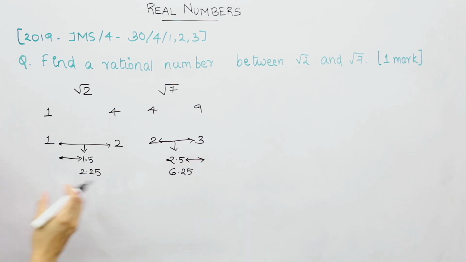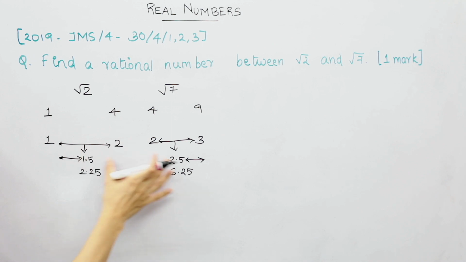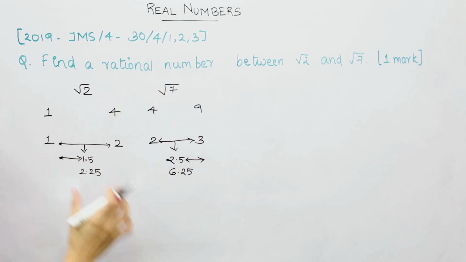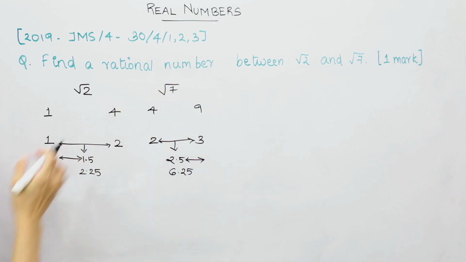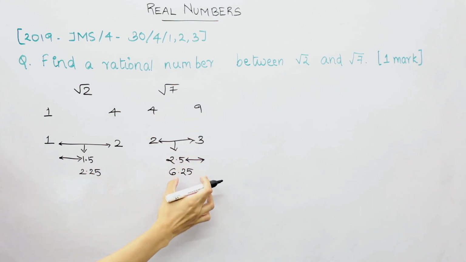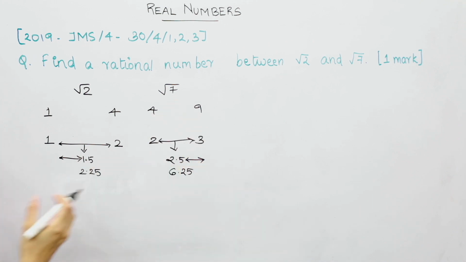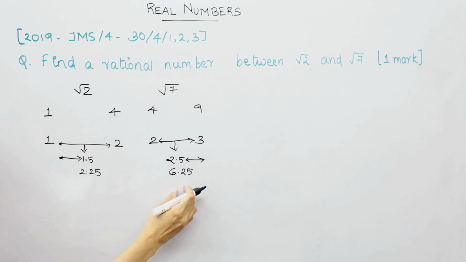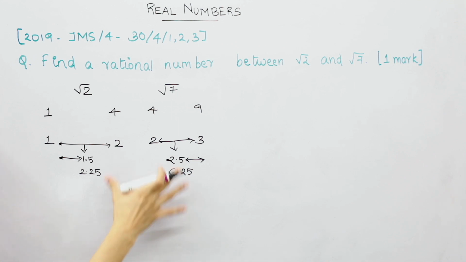So we arrived at a rough estimate of the range in between these values will lie. That is, root 2 will be somewhere between 1 and 1.5 and root 7 will be somewhere between 2.5 and 3. But we don't know how far we can go to the left of 1.5 or to the right of 2.5. But we can choose a number between 1.5 and 2.5, which will definitely be between these two values.